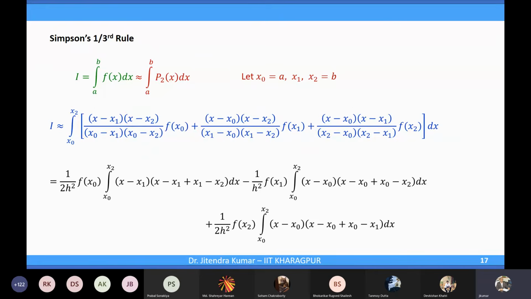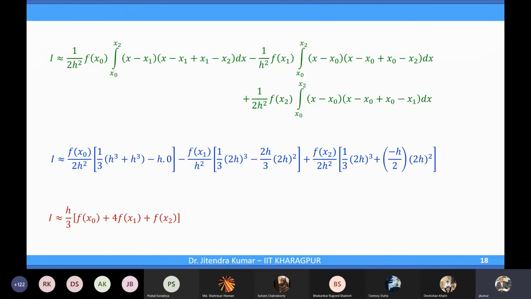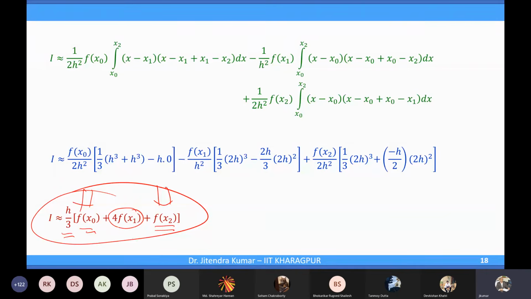After integration, the important thing is that you will get h by 3, f at x0, f at x2, which are the end points, and 4 times the middle one.